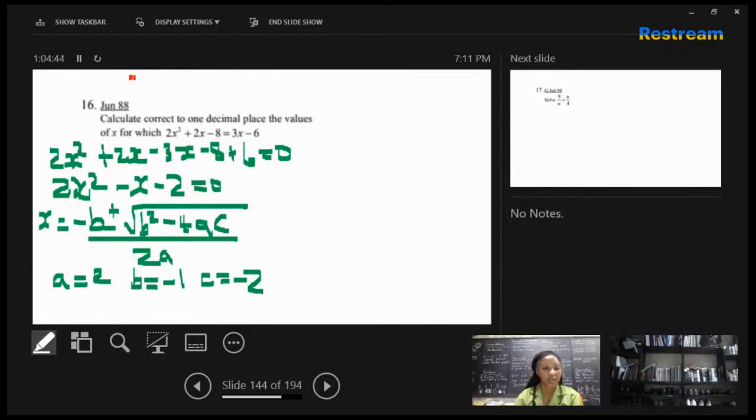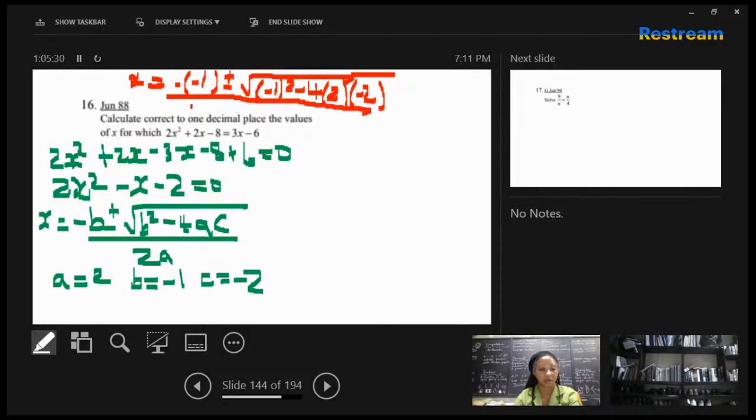So x would be equal to negative bracket negative 1, plus or minus the square root of negative 1 squared minus 4 times 2 times negative 2, all over 2 times 2.